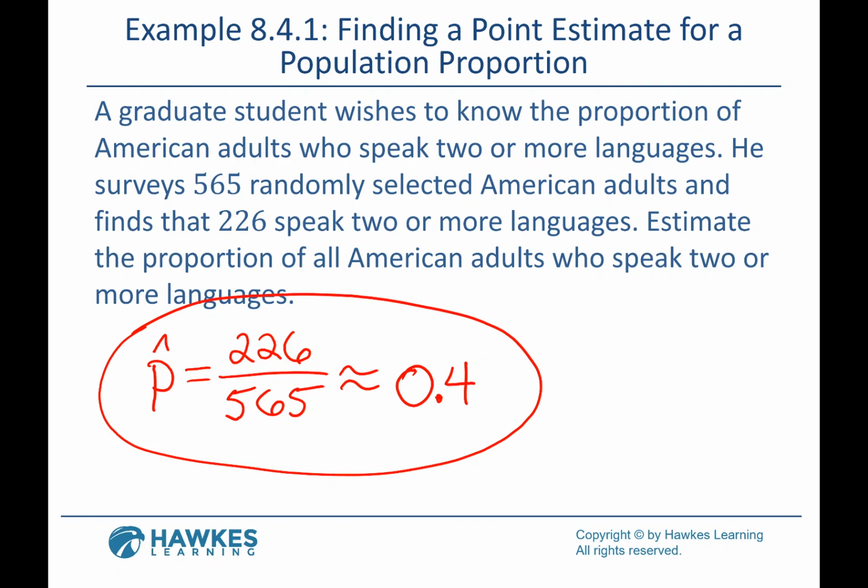If we're looking at American adults and counting how many speak 2 or more languages, we're splitting the data into 2 categories: people that speak 2 or more languages and people that don't. As we go to each person in our data, they either speak 2 languages or they don't. So we only have 2 possible outcomes. So really, if we're dealing with proportions, we're working with a binomial distribution.